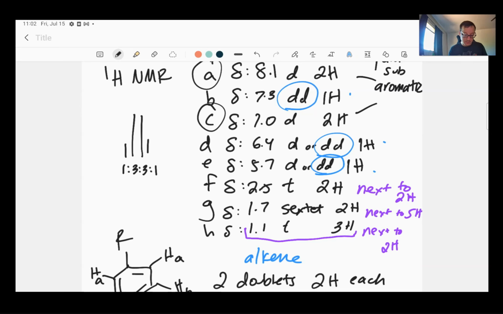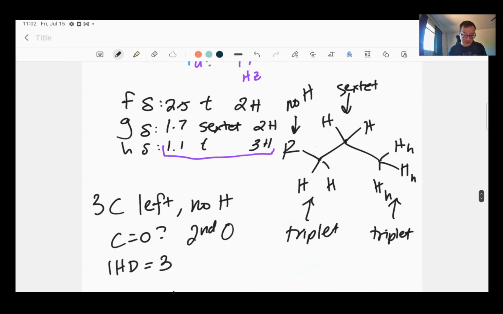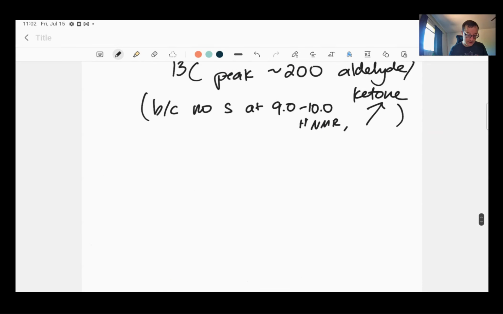So I would agree, we probably have it next to the alkene. And so we know that we have no other pesky hydrogens to deal with. So if we do that, we've got this alkene now that's got the ketone with it.